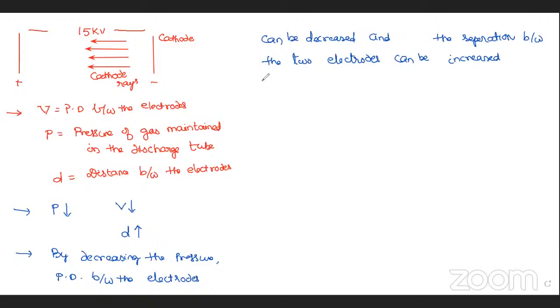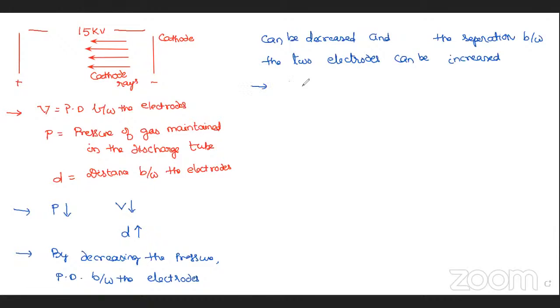Suppose if you take neon gas, you will get some red light. Depending upon the gas you will get different colors. If you change the gas inside, you will get a different color. So that point I am going to write here.